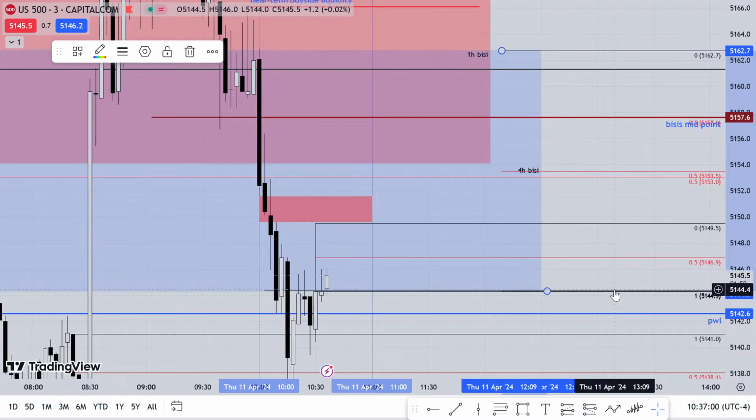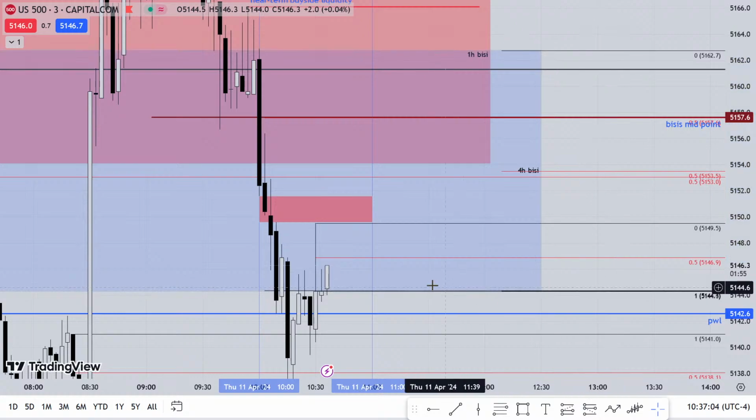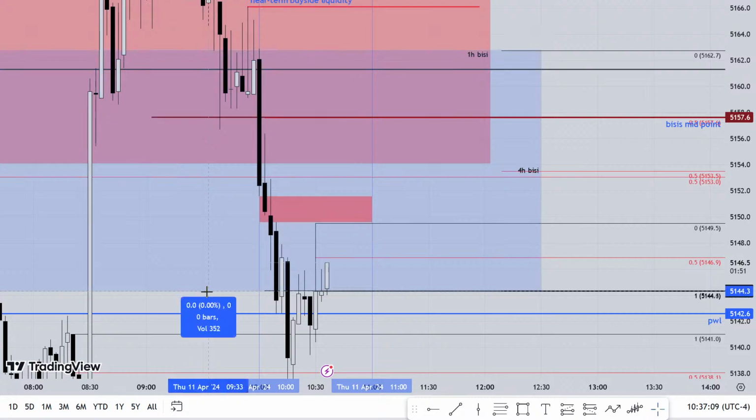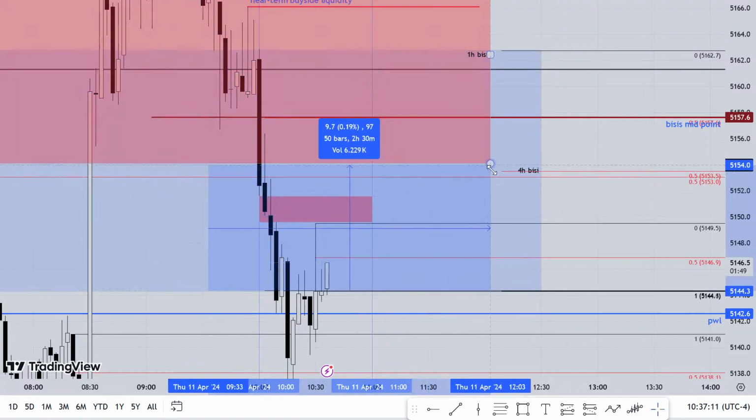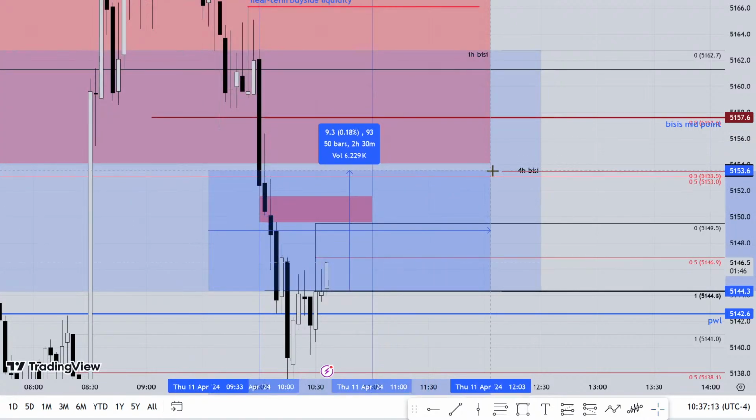So from this price point to this midpoint of the 4-hour BC is 9.3 handles.